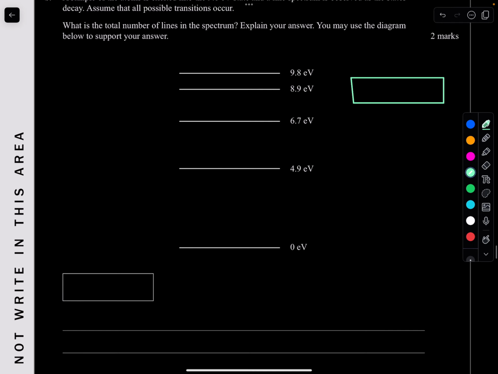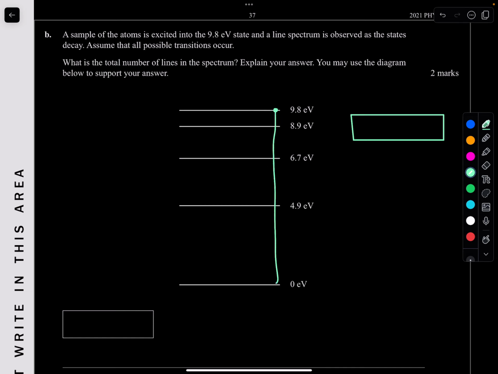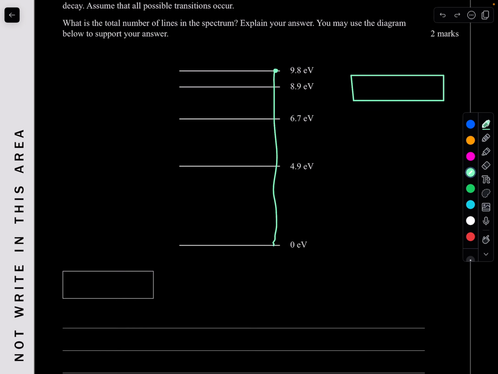So let's first calculate all the energies that are going to be emitted, the possible photon energies when the electrons transition. If it's at 9.8, this energy can be emitted. This one can be emitted. Also this one, this one, this one, this one, this one too, this one too.